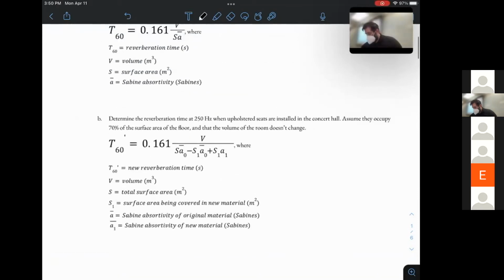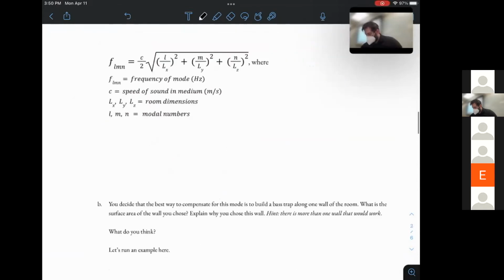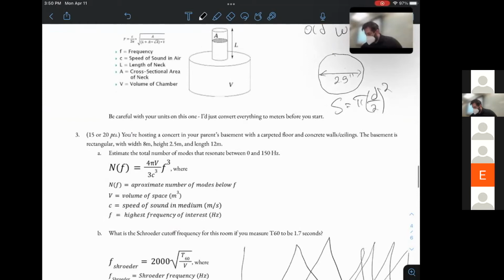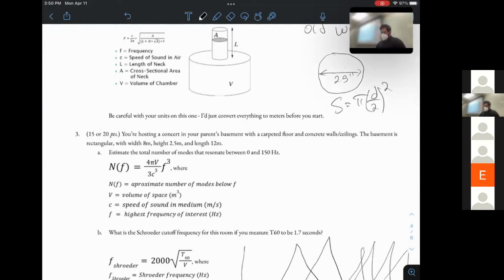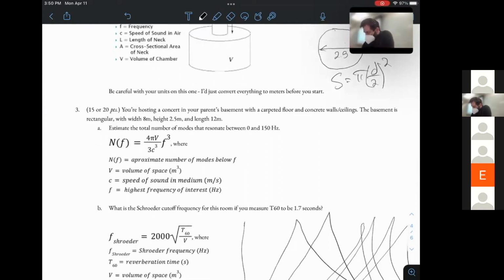For 3A, can I also brute force this on MATLAB? You talking about 3A, just getting this number? Yeah, absolutely. Do it in MATLAB. I do everything in MATLAB. I mean, not using that equation. Oh, like counting them? Yeah, I see what you're saying.